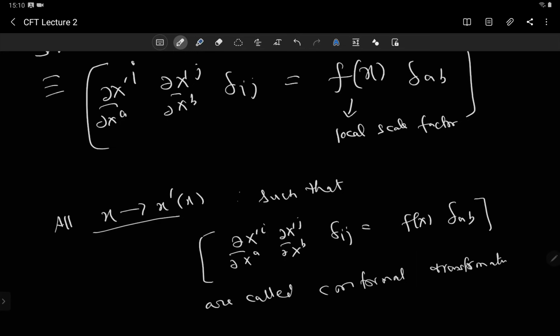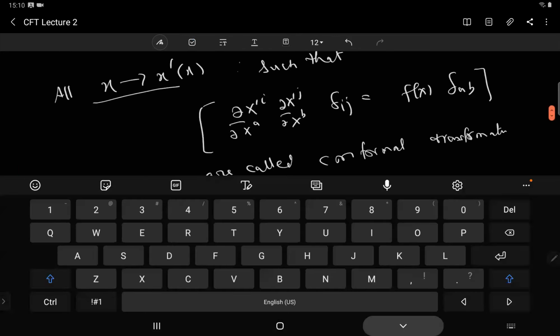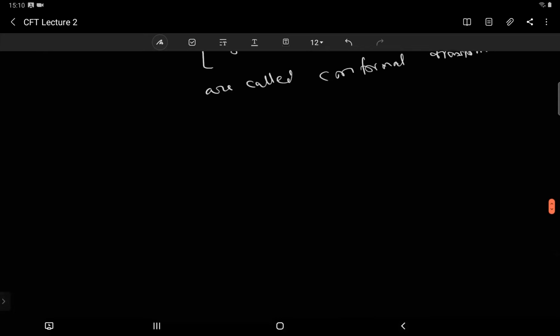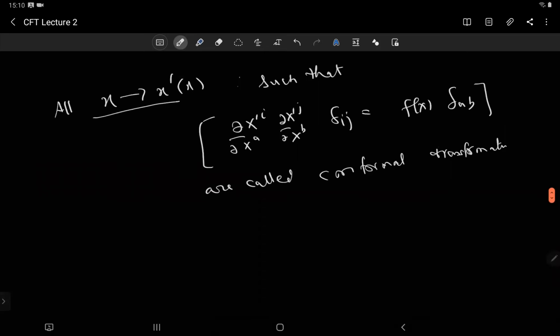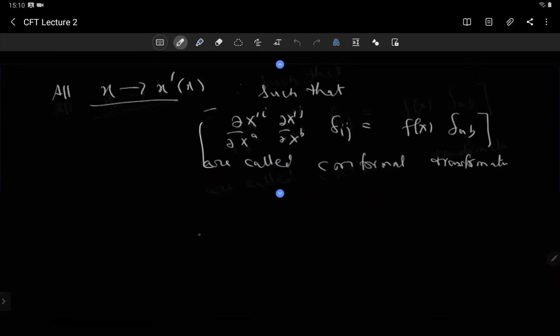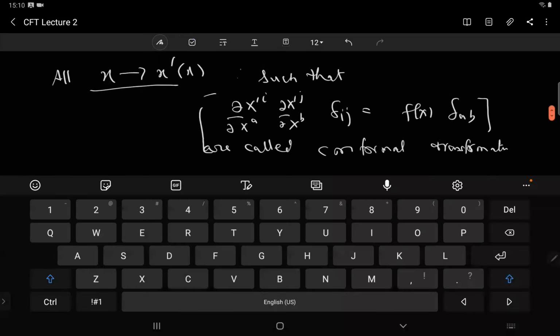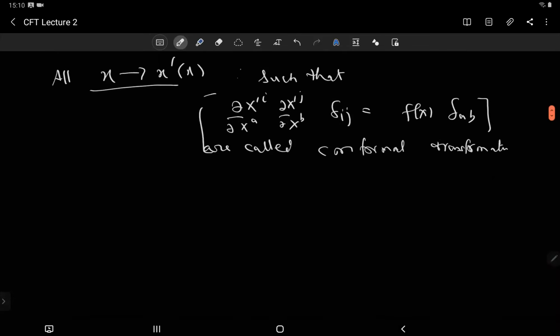And this is of course in Euclidean space, but generalization to Minkowski space is easy.